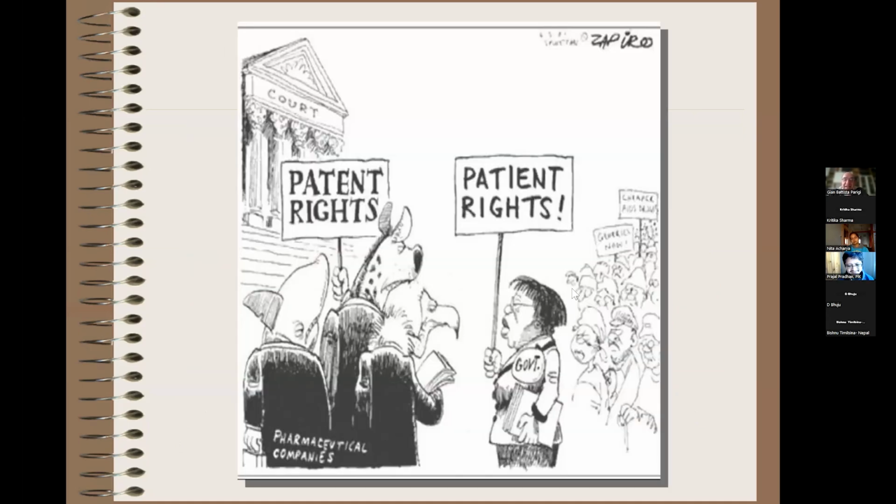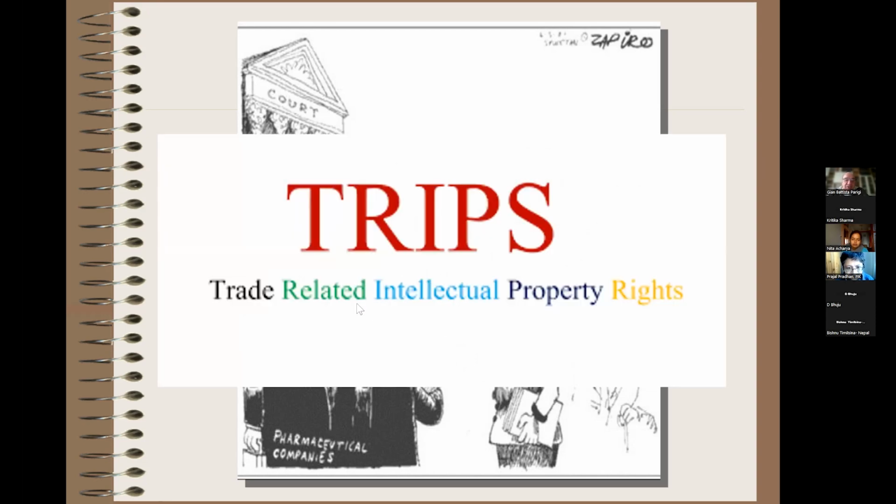This is a vignette that came out in the States, the government of the States under Obama, looking for patient rights, and the pharmaceutical companies, a shark, a hyena, a vulture, patent rights in front of the court. It is an open issue. We are speaking about TRIPS, the trade-related intellectual property rights.